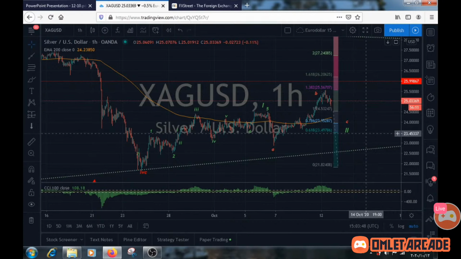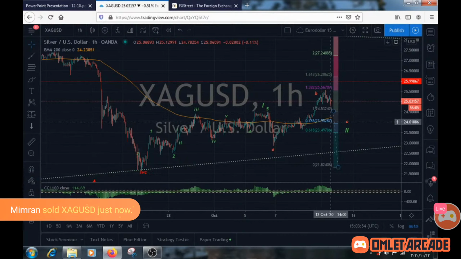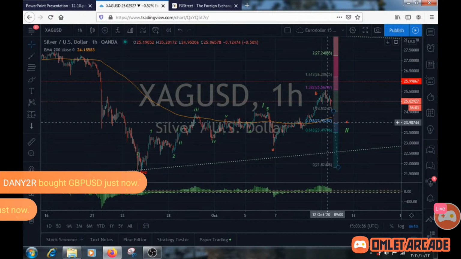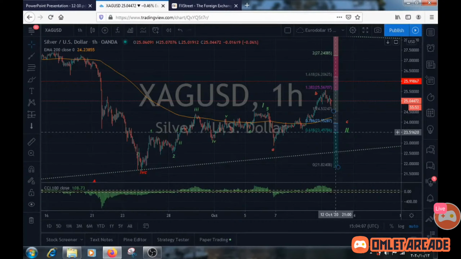We would like to enter long silver at 24, not 24.50. So we expect to see it until 24 here, 1995, 24, even lower, maybe until 20. That's where we'll maximum, I believe you could see. Below that, I don't think you will see.